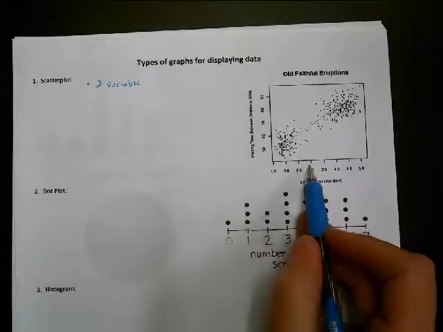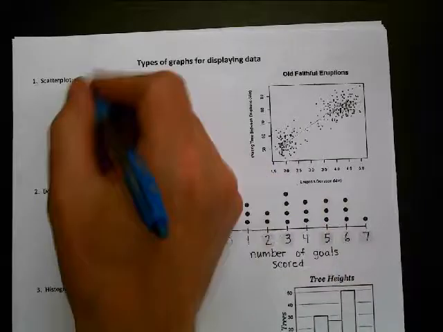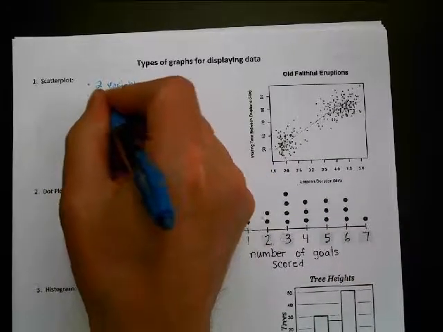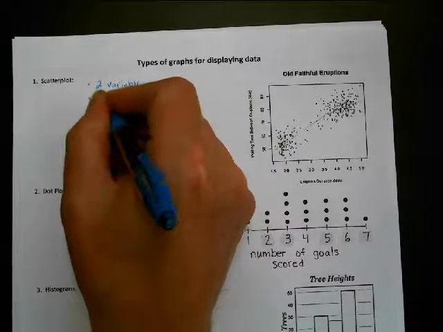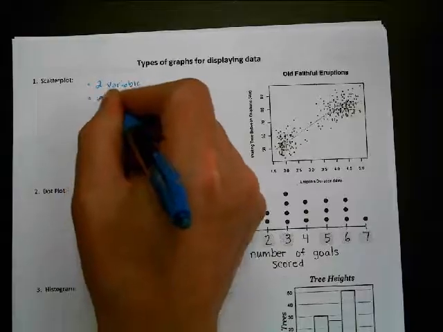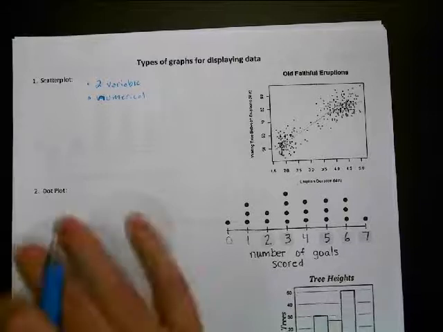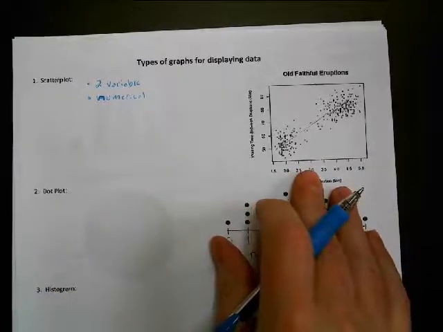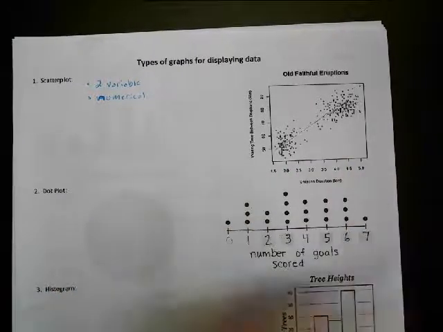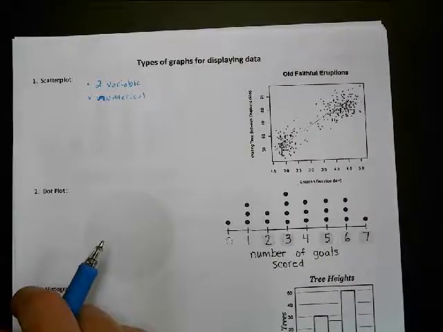And we plotted these on an X and Y graph. We would do this with numerical data, meaning numbers, instead of categorical data like we did at the beginning of this unit.